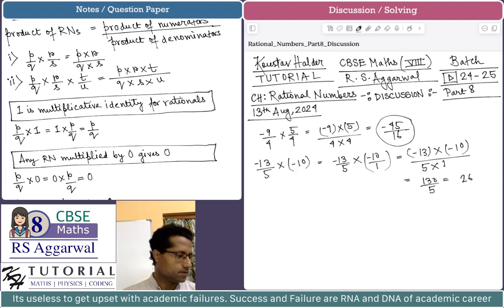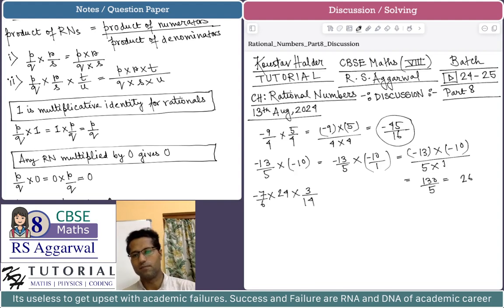Now let's take an example. Let's say you have to do minus 7 by 6 multiplied by 24 multiplied by 3 by 14. We have three rational numbers, minus 7 by 6, 24 and 3 by 14. You can always represent any integer as a rational number, where the denominator will be 1.